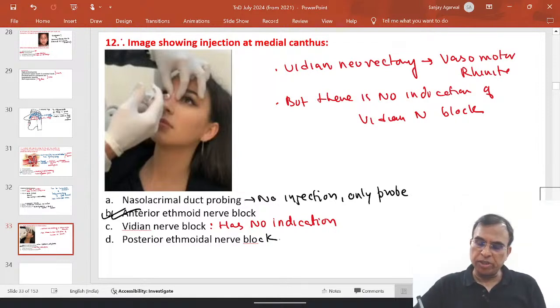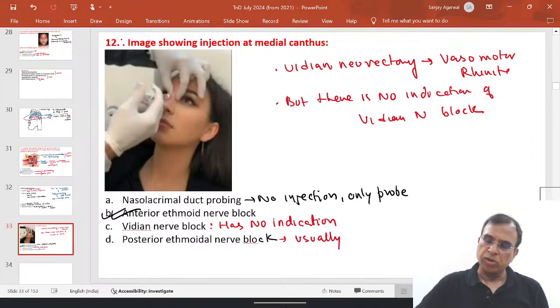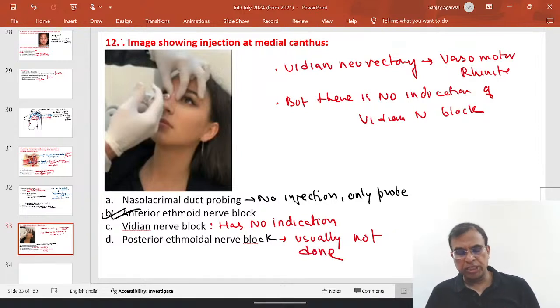And posterior ethmoidal nerve block is usually not done because it does not help.